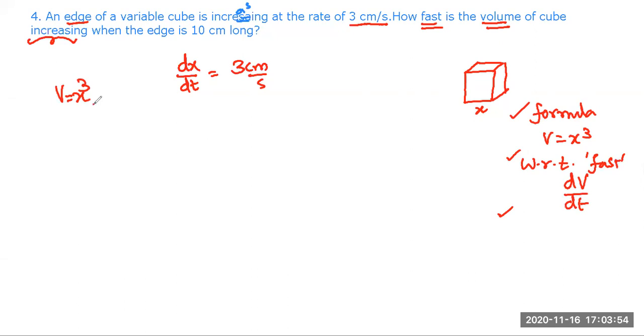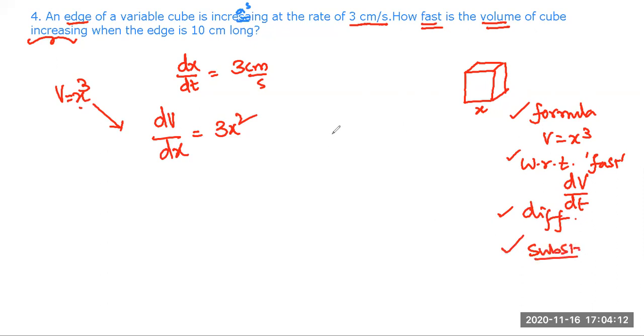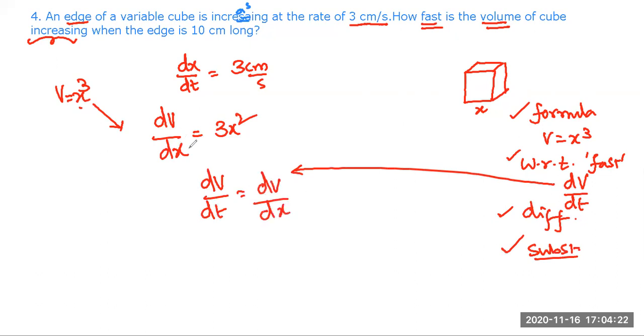I differentiate dV by dx, because it is in x, and I get 3x square. So differentiation is done. Then we go for the substitution. Before that, what is he asking? He is asking dV by dt. So dV by dt equals dV by dx, that is this, multiplied by dx by dt.